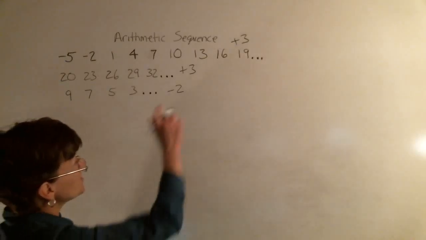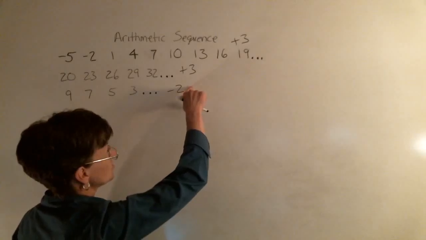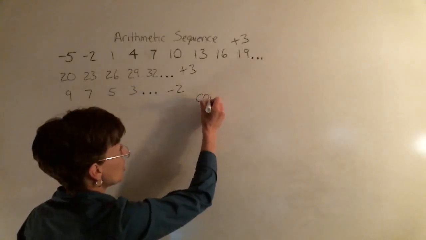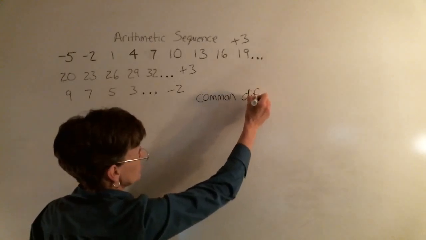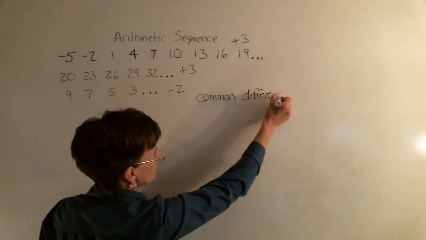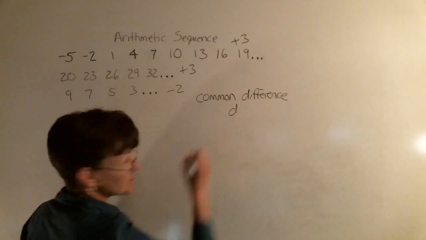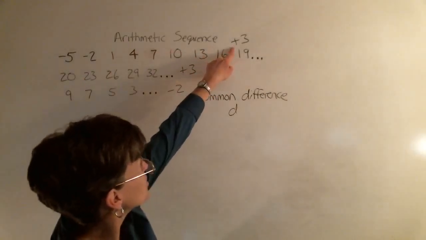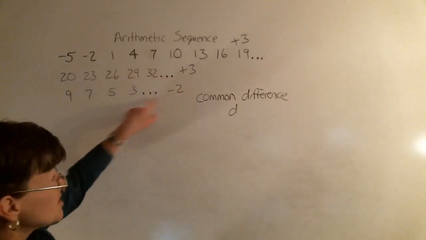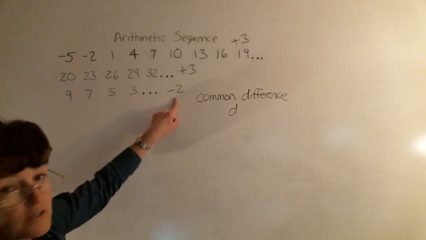Okay, well, this plus 3, this minus 2, is called our common difference. We use the letter D to represent this common difference, all right? So for this sequence, D would be 3. For this sequence, D would be 3. For this sequence, D would be negative 2.